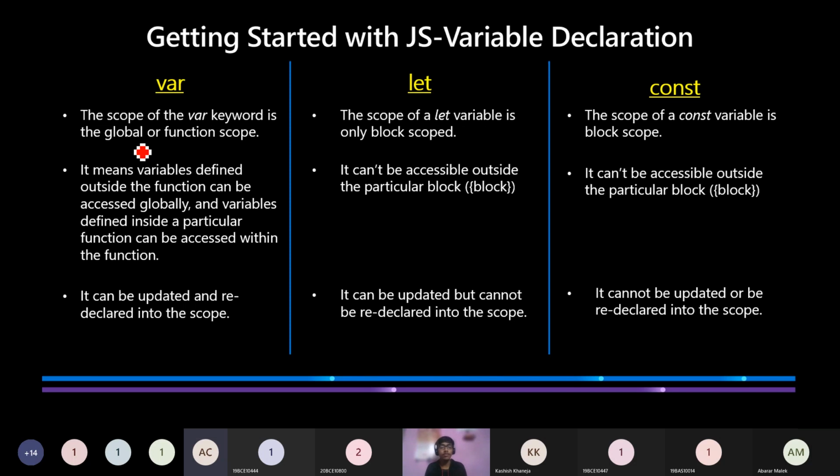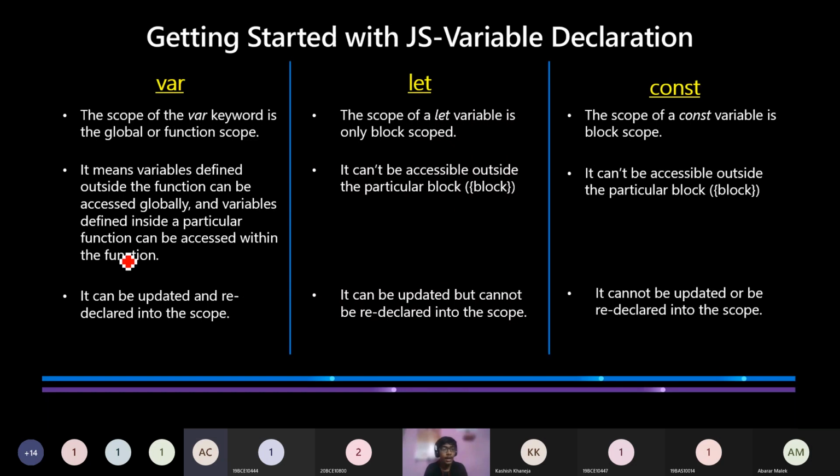When you declare a variable with var, the scope of the variable is the function itself, the complete function in which it is declared. But in the case of let, it is only between the braces, what we call a block. Similar for const.